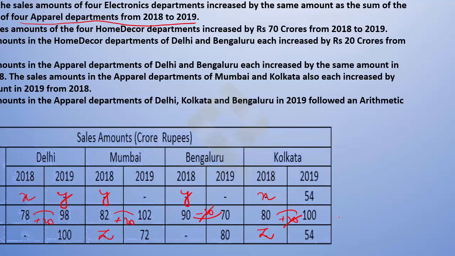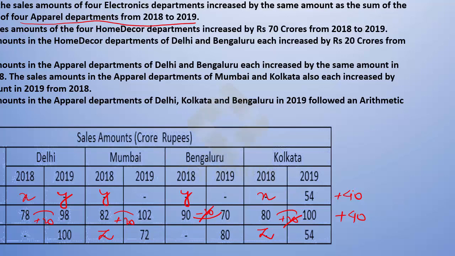So if we add these values, I can say there is an increment of 40. So that represents in apparels also this will increase by 40. So I'll just mark this so that we can utilize it later. But still I cannot find out anything.